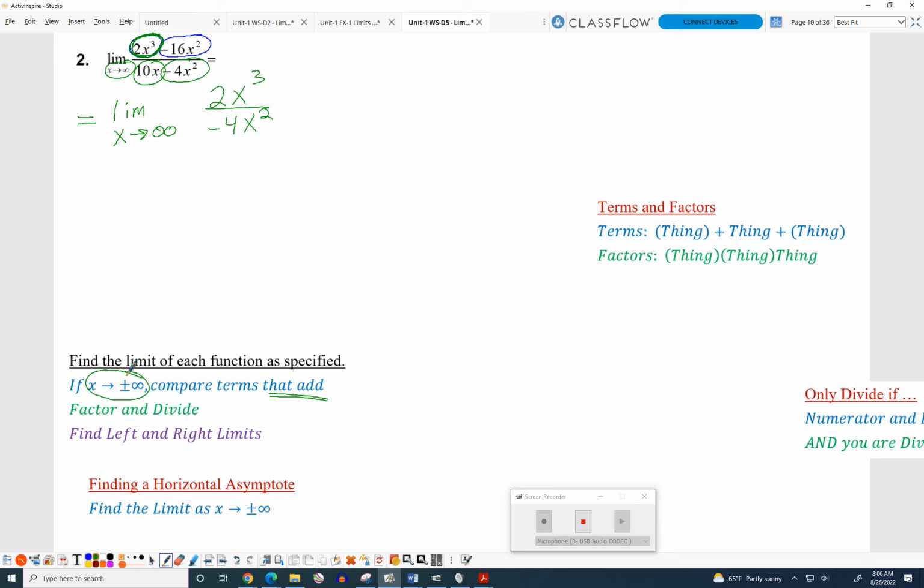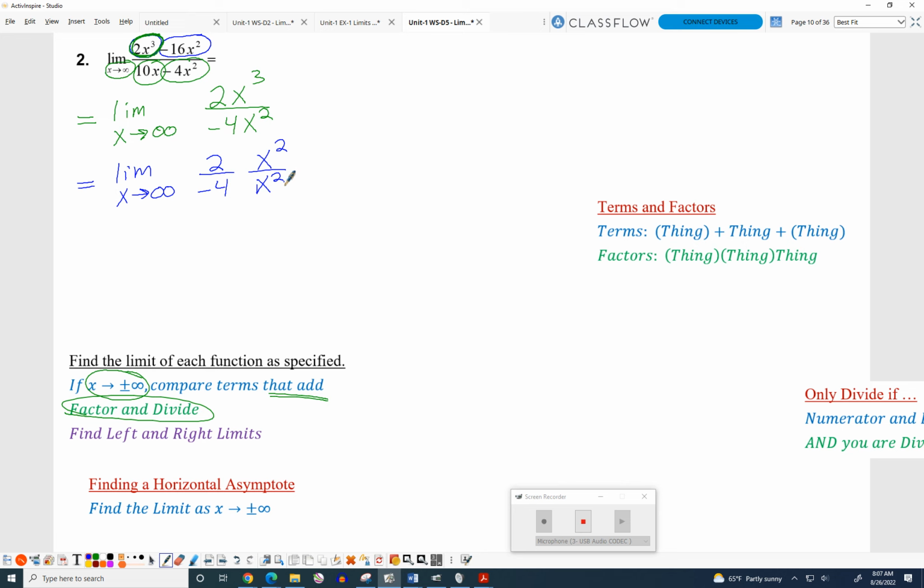Okay, next step. It says we should factor and divide. So I'm just going to write this in a slightly different fashion. So I say limit equal x approaching infinity. And let's see, let's take out the 2 here, -4. That's going to multiply by an x squared divided by x squared.